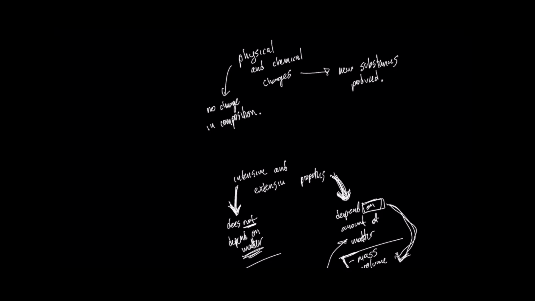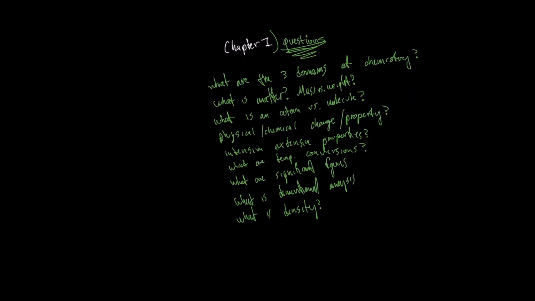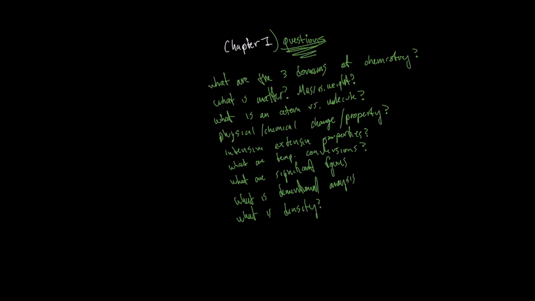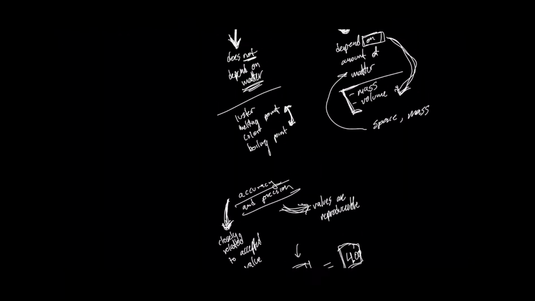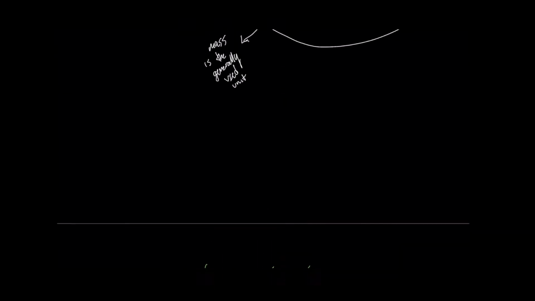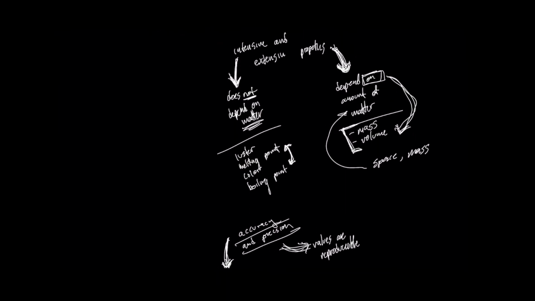All right, next question. This is a really good review. What are intensive and extensive properties? Intensive properties do not depend on the amount of matter, whereas extensive properties depend on the amount of matter, i.e. mass and volume.